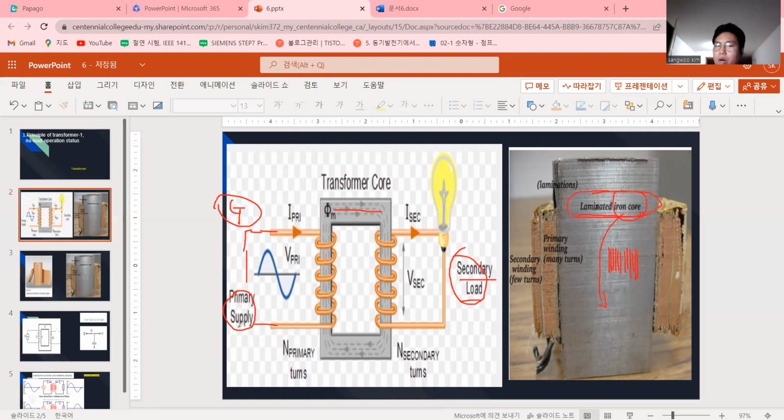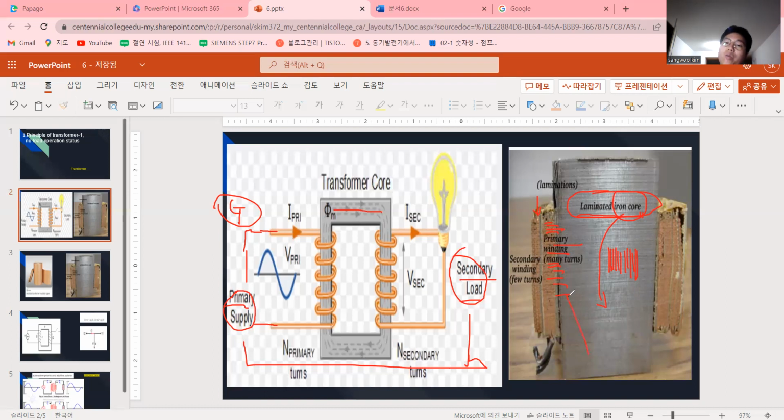And here we can be kind of confused. The primary part and the secondary part in the diagram look kind of far away, but actually they are on the same core. Inside, look here: the primary winding is here, and we use insulator paper here, and then we also cover the secondary winding.